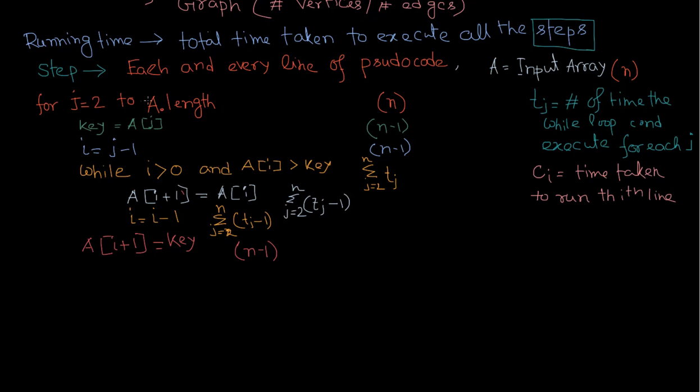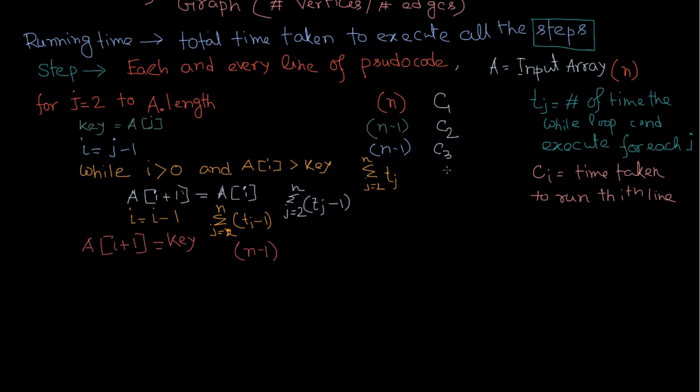So this is my first line, which I'll call c1. This is my second line, c2, meaning the time taken to run the second line. Then c3. It will not be the same for each and every line because of the internal complexity of the line and how the computer handles those things.